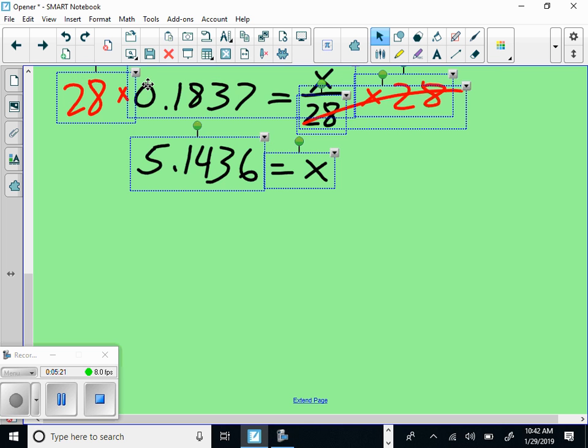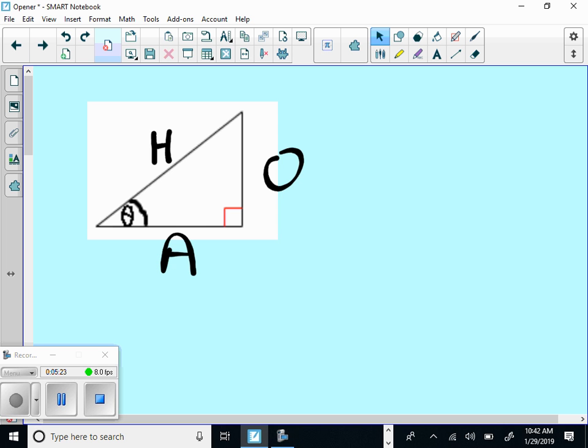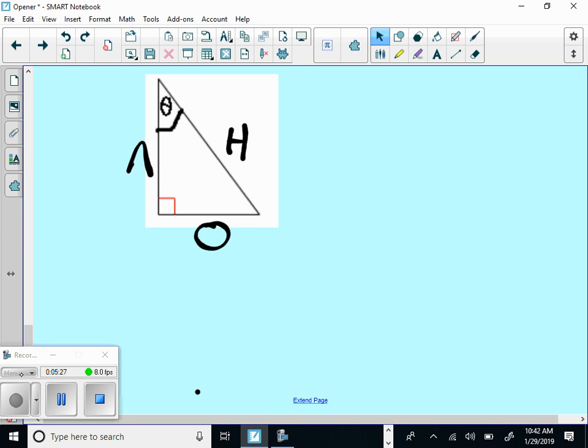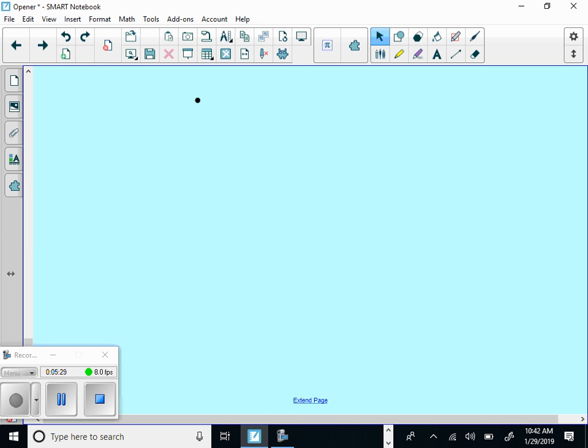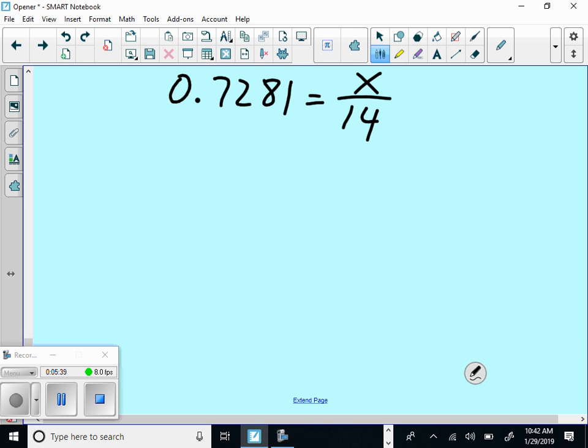Let's just take a look at one other one, and we can be done. Oh, I guess I'll have to do it on another page. So the same kind of problem where we'll have some weird decimal, 0.7281 is equal to x over 14. In this case, same thing. If we're trying to solve for x, we have to get rid of this divided by 14. Really simple to do that. We just multiply both sides by that 14 so they cancel out.